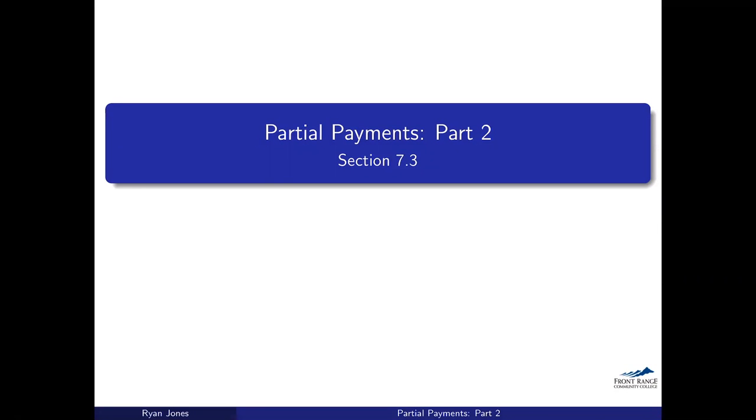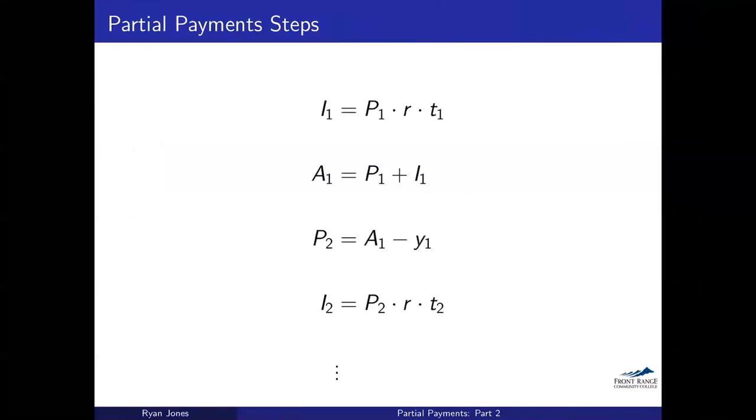And we talked about how that partial payment first pays off the interest, and then it starts to lower your principal. We looked at mathematically how that affects how much you actually owe on the final date, as well as how much interest it saves you by making a partial payment. So just a quick recap of that.